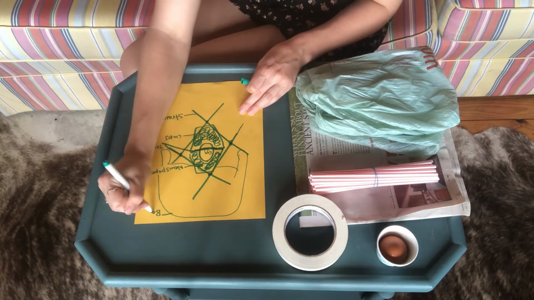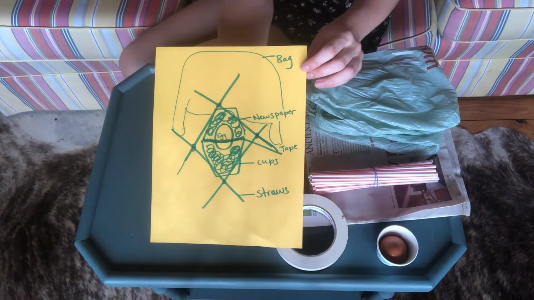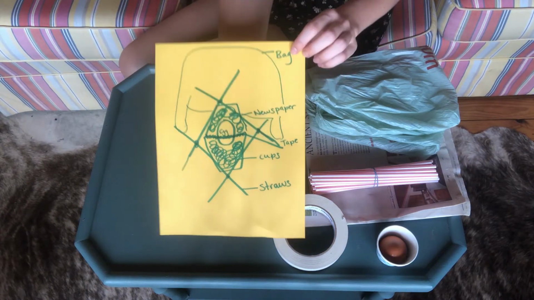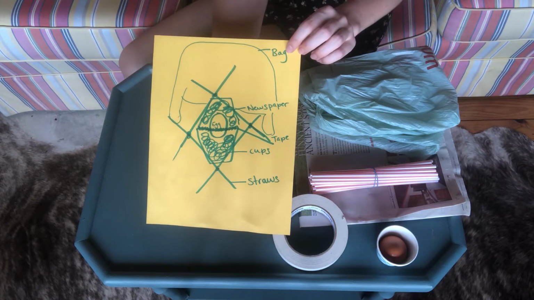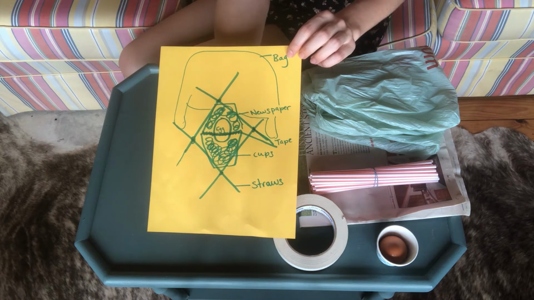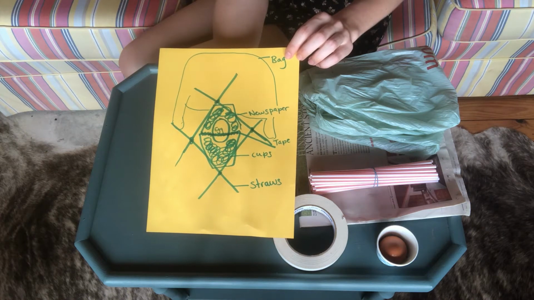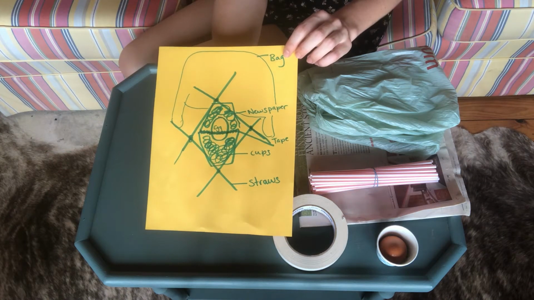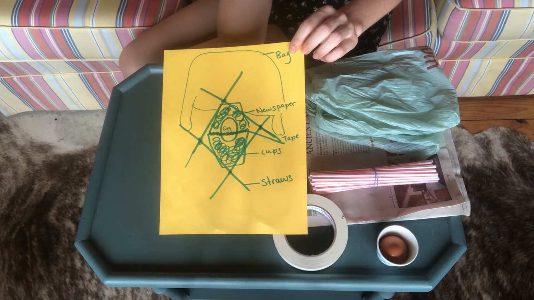So you can see in my design, I have a plastic bag parachute, I have some straw supports, I have Dixie cups, and I have some newspaper all holding the egg in. I've also used tape to secure everything together.